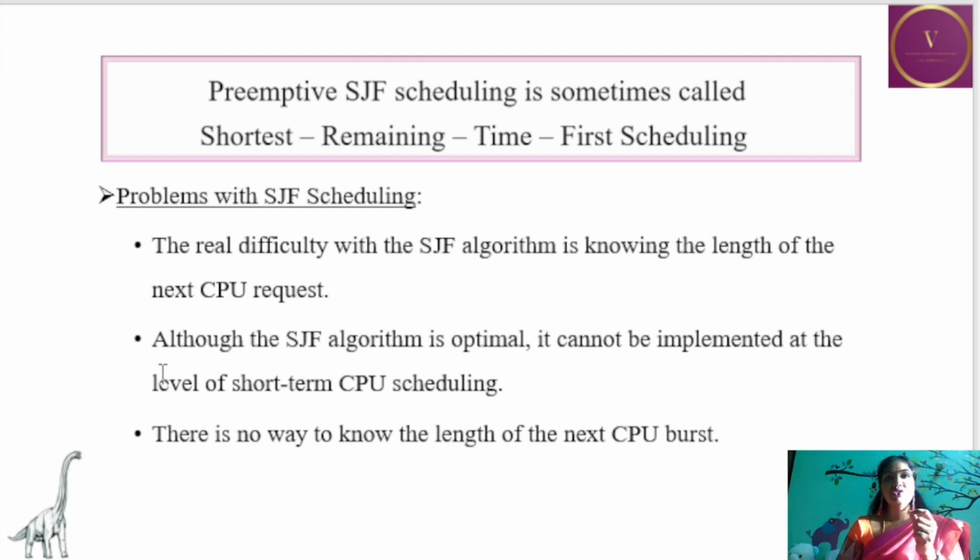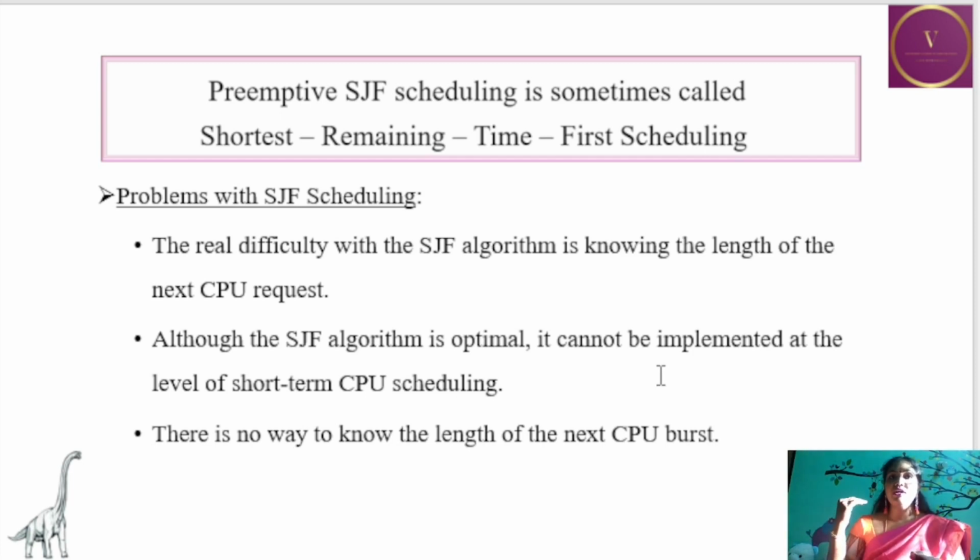So it is really difficult with the SJF algorithm to know the length of the next CPU request. Okay, so that is the problem with this SJF scheduling algorithm. Although the SJF algorithm is optimal, it cannot be implemented at the level of short-term CPU scheduling.